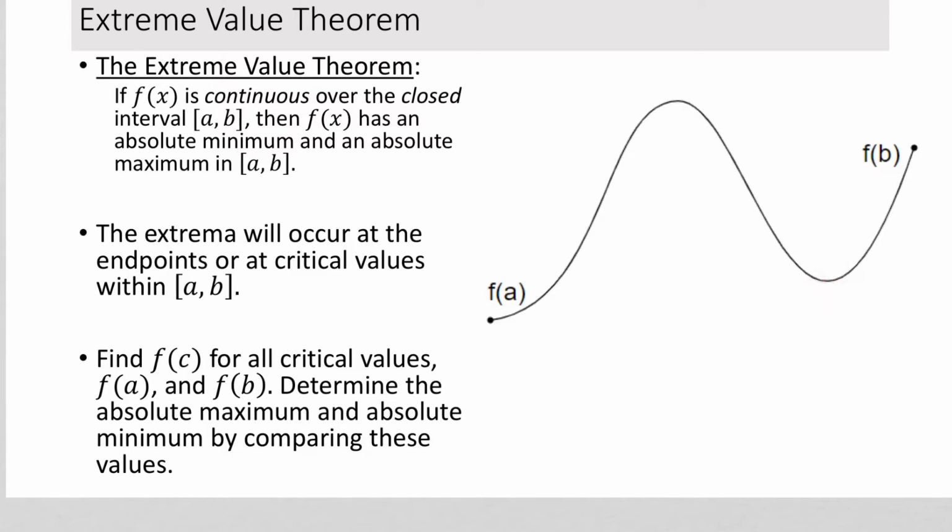When it comes to absolute maxes and absolute mins, this endpoint would be the absolute minimum, and this interior point here, which was a local max, could also be classified as the absolute maximum. And this endpoint over here would be neither.